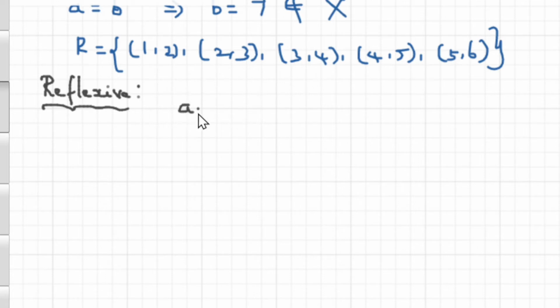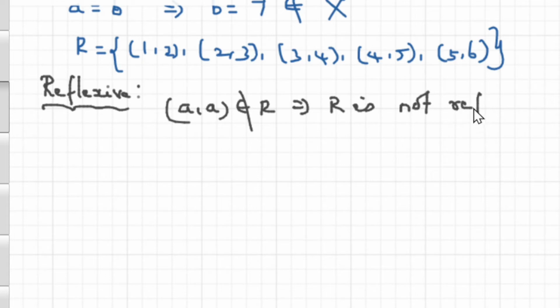So (A, A) does not belong to this R. I mean (1, 1), (2, 2), (3, 3), nothing is there in these ordered pairs. In the given set 1, 2, 3, 4, 5, 6, nothing is equal. The mirror image is not there, and we can conclude that R is not reflexive, since the equal entries are not there.